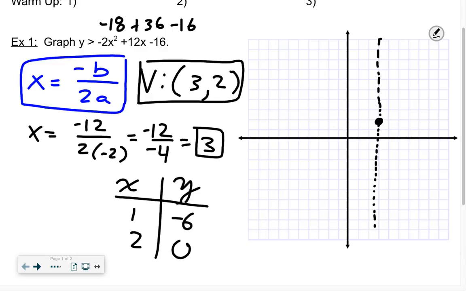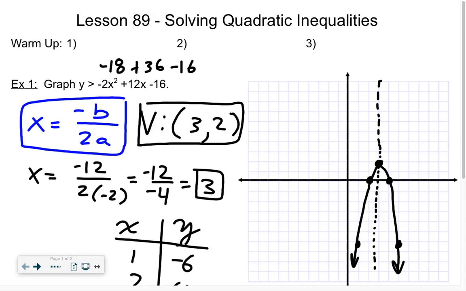Okay. Let's go ahead and plot those. 1, negative 6, 1, 2, 3, 4, 5, and 6. 2, 0. We're going to flip this thing over. And there's that half. Now the thing is, I made a mistake. What's the mistake that I made?